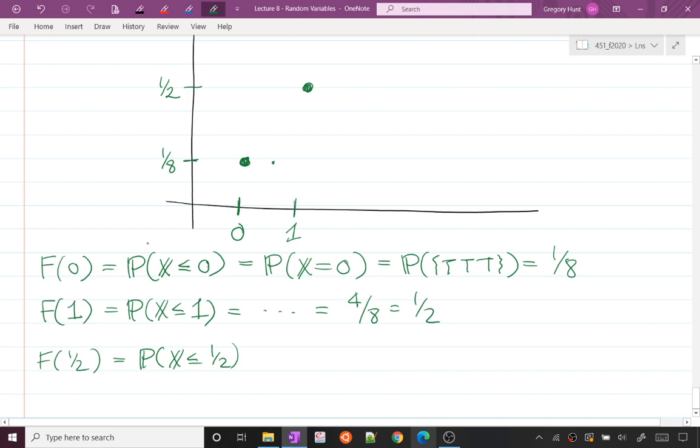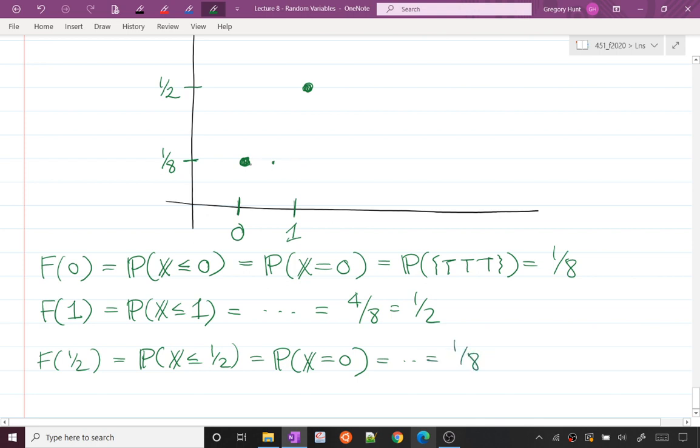Because my number of heads comes in discrete packets, 0 or 1. So less than or equal to 1/2 is just the same thing as none. And of course, we saw that that's 1/8.